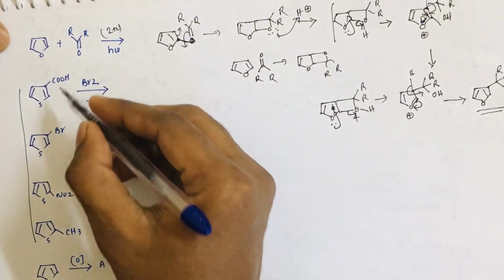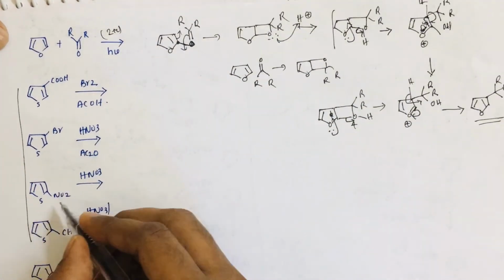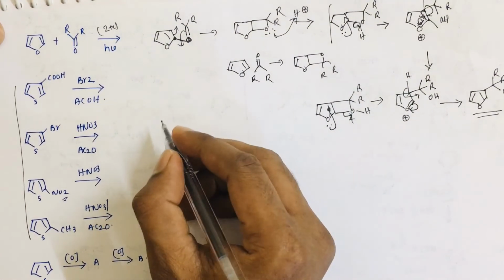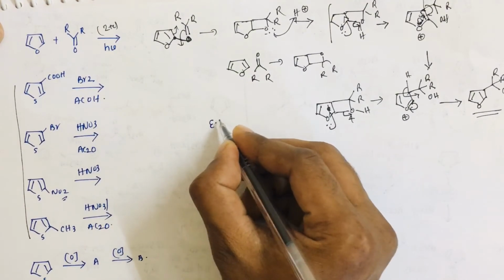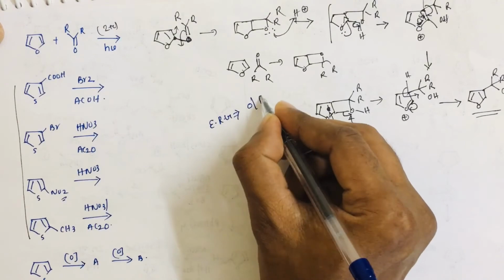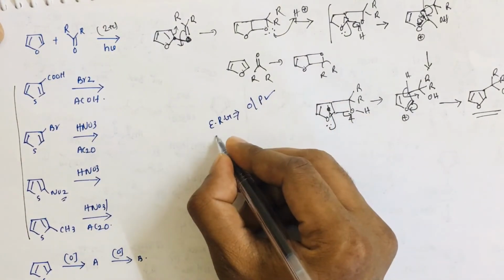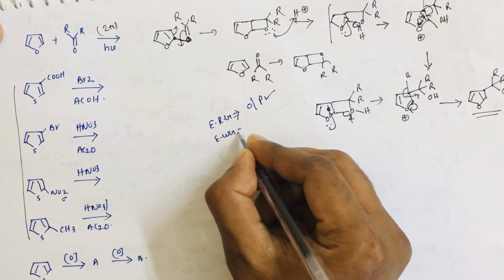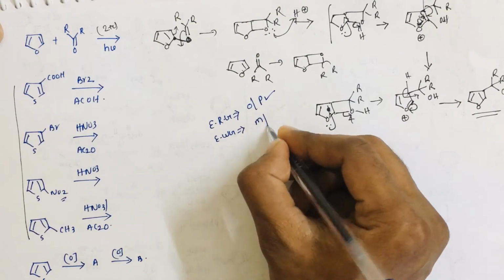Now when we have this kind of compounds with substituents present, what you need to remember is that when electron releasing groups are present, in those cases ortho and para product is major. When electron withdrawing groups are present, in those cases meta product is major.